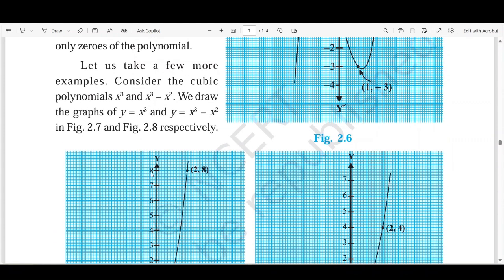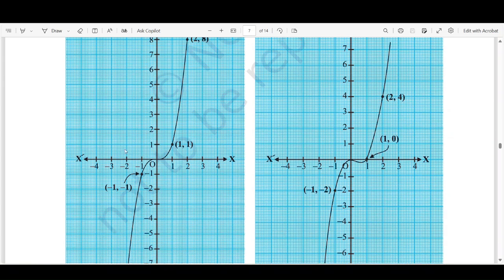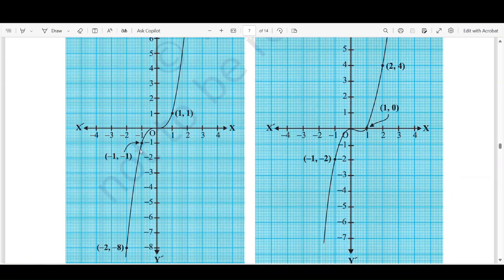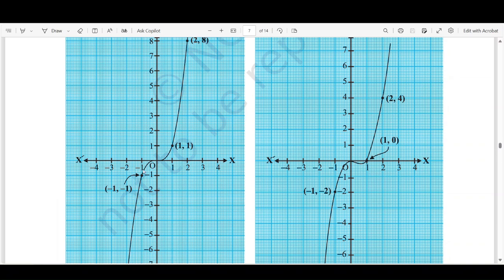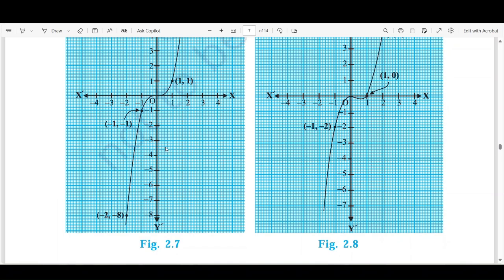They have also considered two more cubic polynomials, x cube and x cube minus x square, and their corresponding graphs are given in the figure 2.7 and 2.8, which you can see here. So here you can observe that this graph corresponding to y equal to x cube intersects the x-axis at only 0.